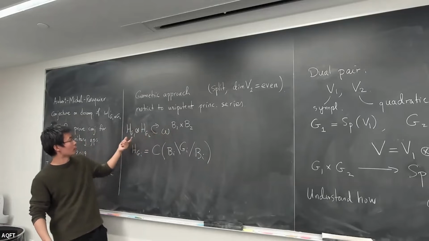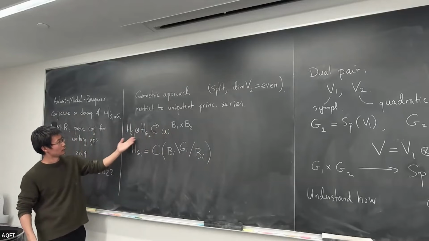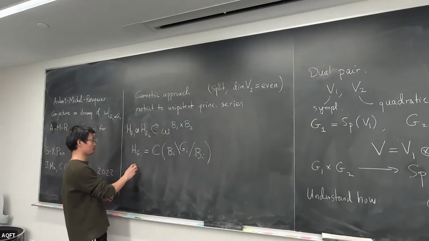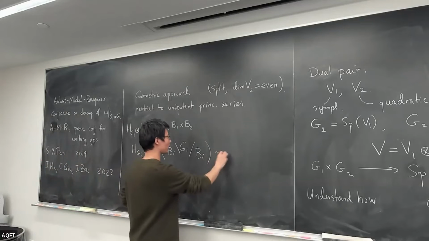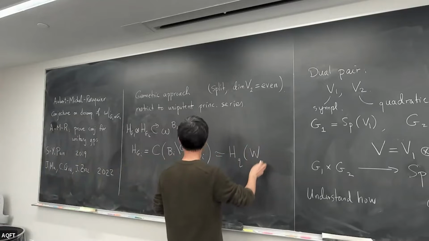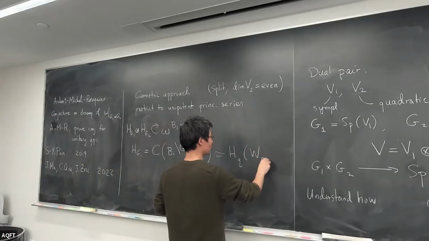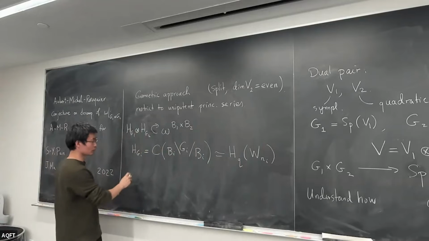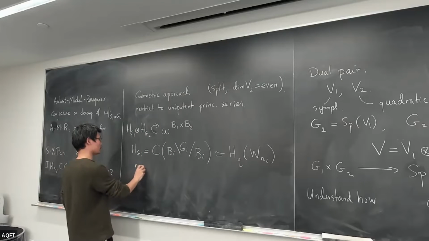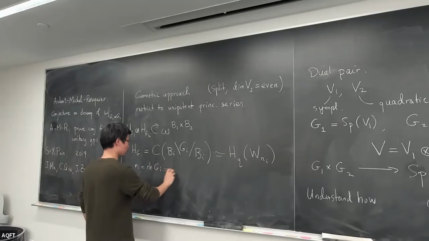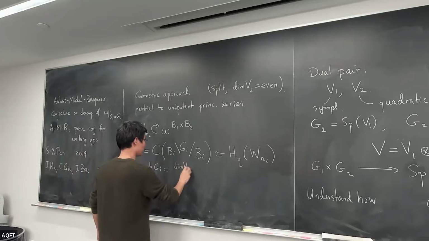So we have a bi-module for Hecke algebras. We have different Hecke algebras. Each is governed by a Weyl group, a type B or BC Weyl group. N_i is the rank of G_i, which is the dimension of V_i over 2.